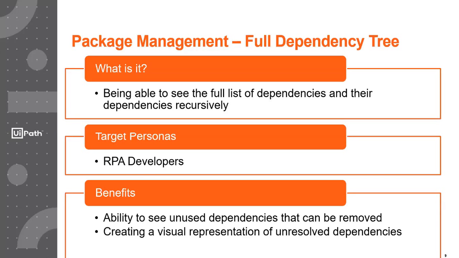So, a situation that I think everyone has faced: you would open a project maybe created by someone else and you get some errors because some dependencies were not resolved, and you didn't know exactly which dependencies were not working.